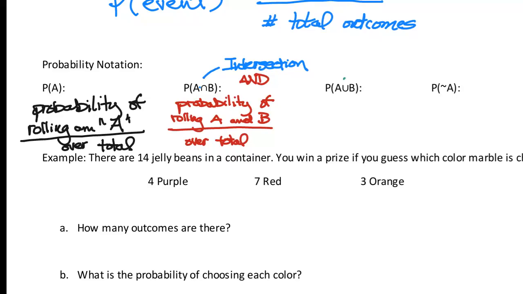U for union. Okay? And this means or. So this is the probability of getting an A or a B.